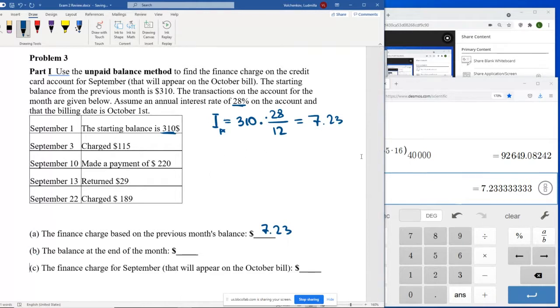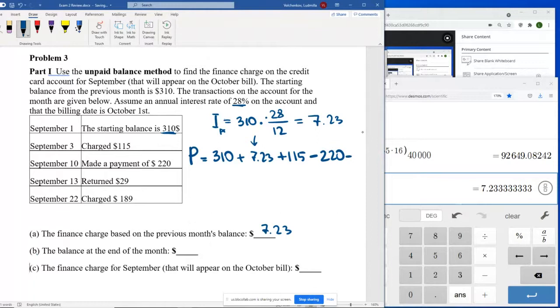Okay, so the second question, the balance at the end of the month. You remember that in the unpaid balance method, we add or subtract all the adjustments to the account. We start with the starting balance, 310. Don't forget to add the finance charge from the previous month, 7.23. And then the other adjustments. We have a charge of 115, so we add this to the balance. Made a payment, so subtract 220.